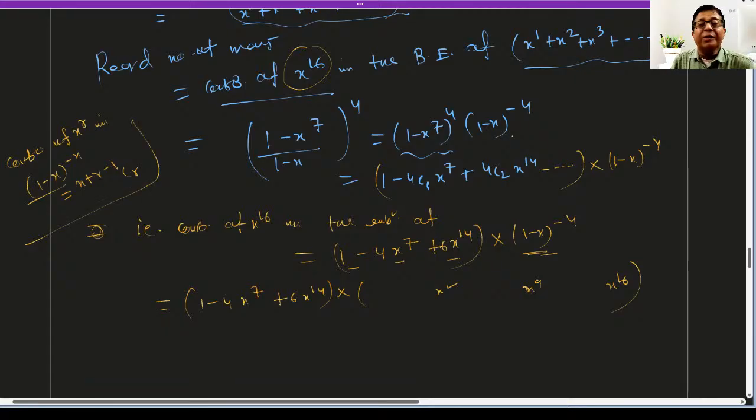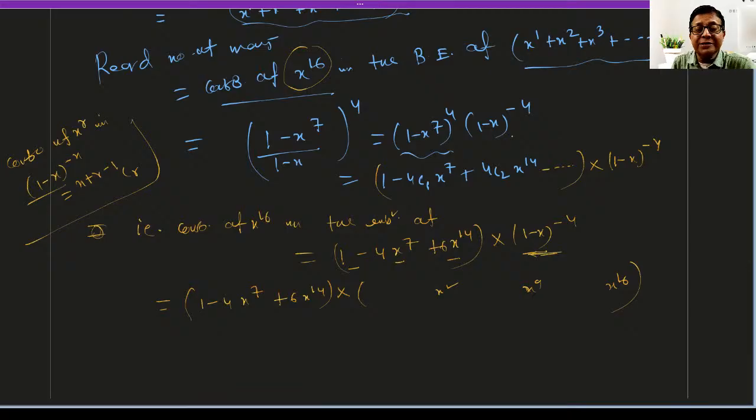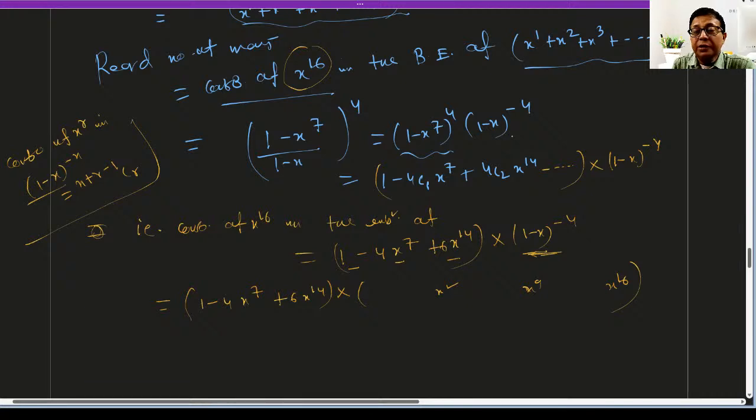N plus r minus 1 Cr. So what will be the coefficient of x to the power 2 here? Just look at this. It will be 4 plus 2 minus 1 C2. Okay, and the coefficient will be plus here.